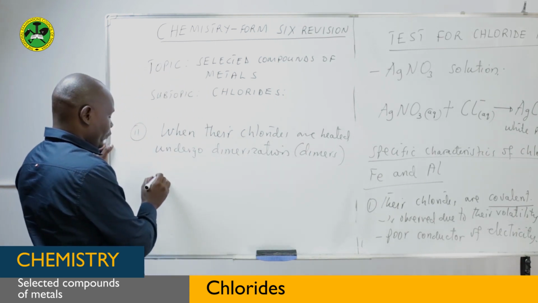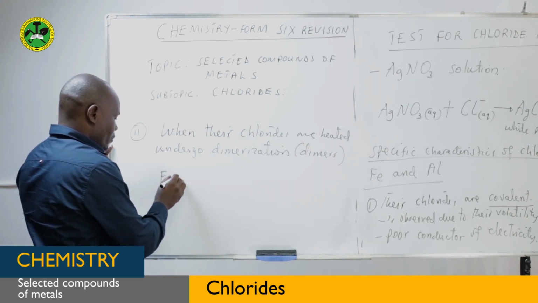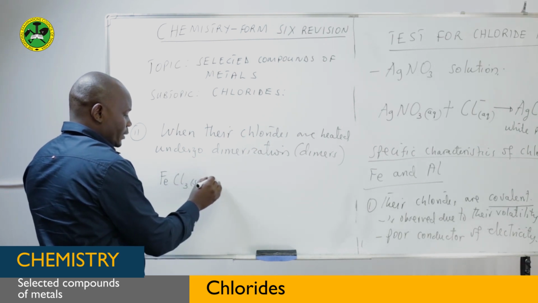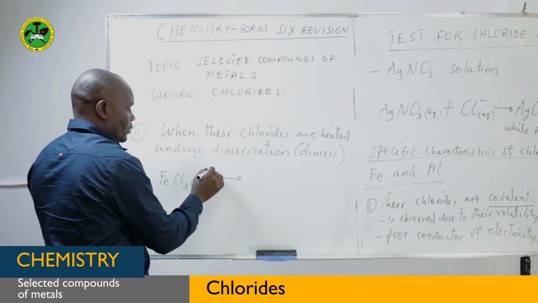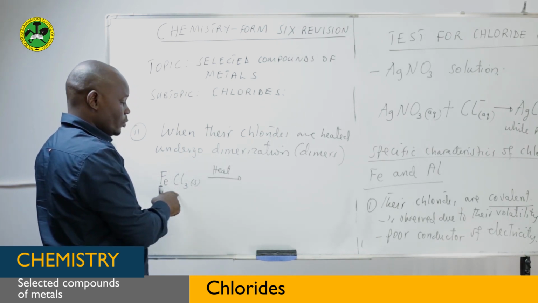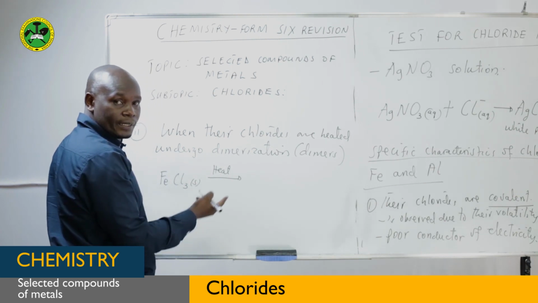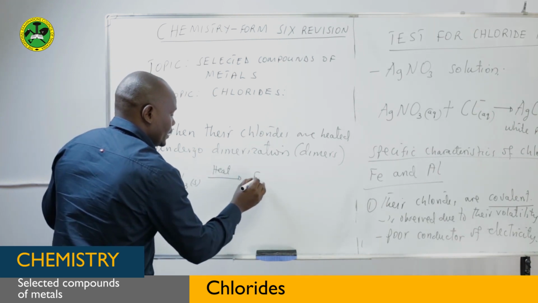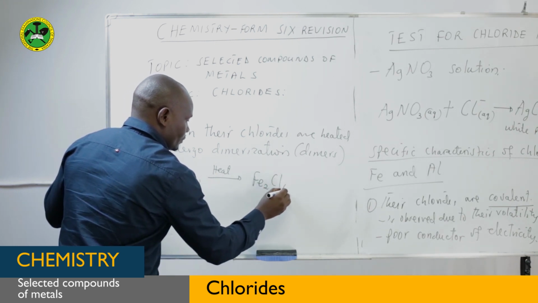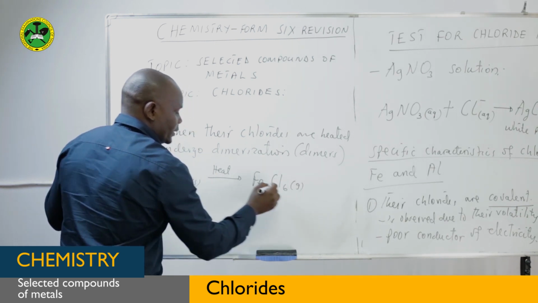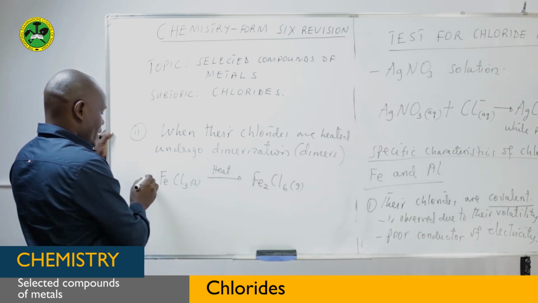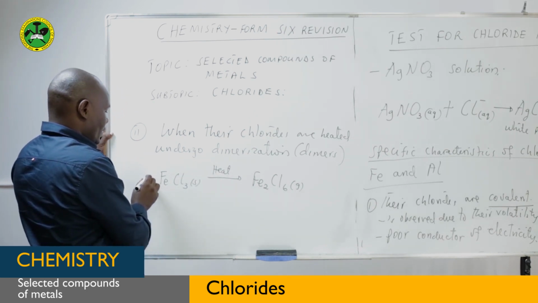For example, if we take aluminium chloride, when heated, it changes from solid state into vapor state, but in vapor state it exists as dimers. This is what we call demineralization. This is the dimer. So after balancing, here must be 2.